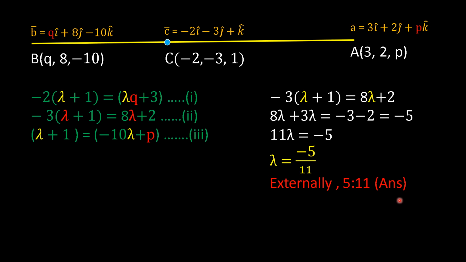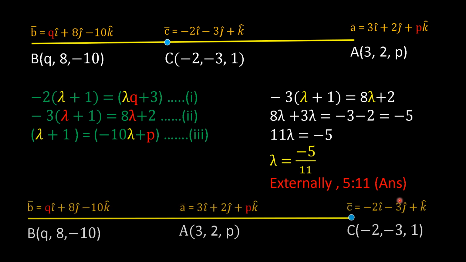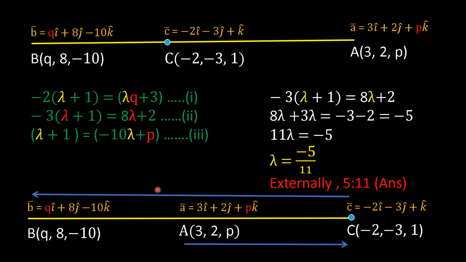Now we will change the diagram and draw it again. Here we find that point C is outside of segment AB because it divides segment AB externally. That is, AC divided by CB is 5:11.